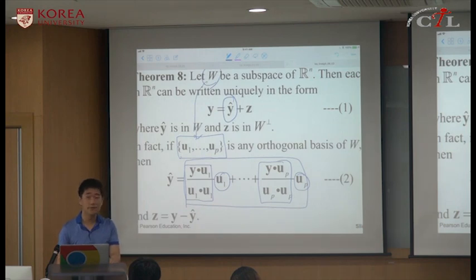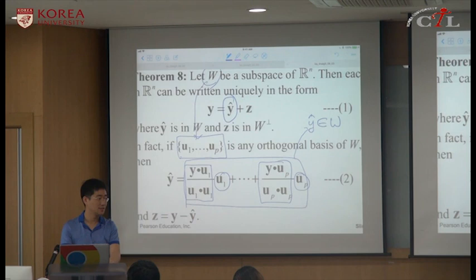They're just scalar values. Okay, so this representation is just a linear combination of our basis vectors, right? And so we can easily understand that this form of y hat belongs to W.